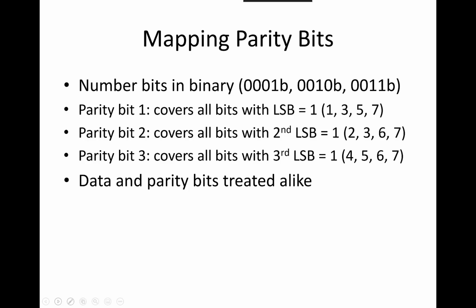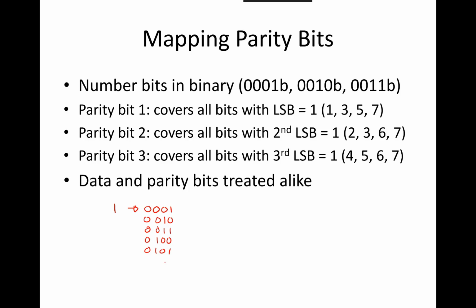Now we'll have a bit of a look at how we actually map our parity bits, or how we actually store them. The way we do it, we essentially number our bits in binary. Starting at bit 1, which will be 0, 0, 0, 1, or however many zeros we're using there. And then bit 2, bit 3, and bit 4, and so on and so forth, however many we're using.